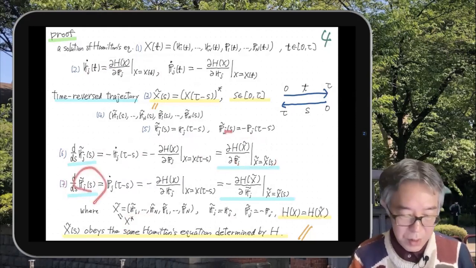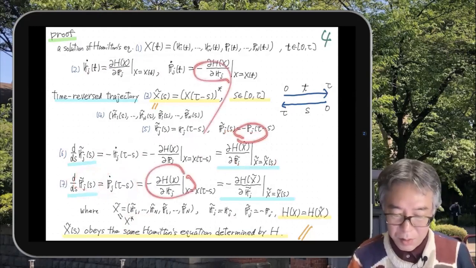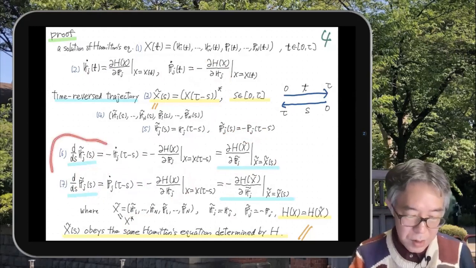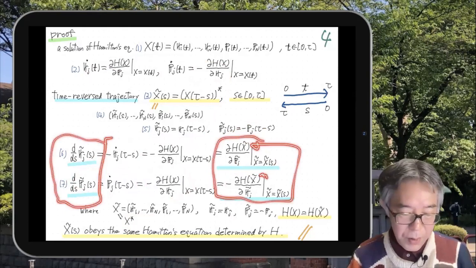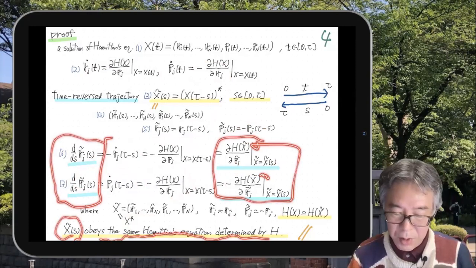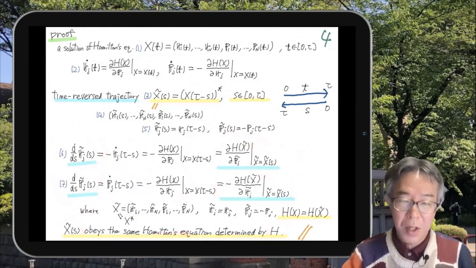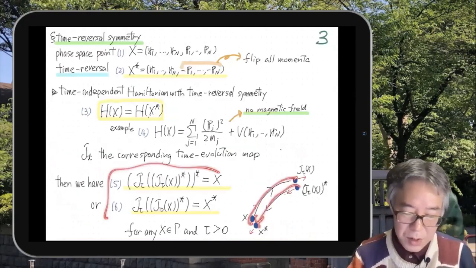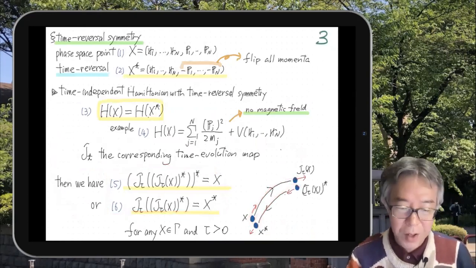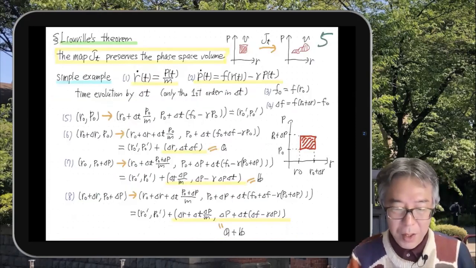You use this relation to get this, and p obeys this, so you write this. Anyway, you look at the left-hand side and the right-hand side and compare. Then you find that this x tilde of s obeys exactly the same Hamilton equation determined by exactly the same Hamiltonian H. And this, if you think a little bit, justifies this picture and justifies this relation. Okay, good. So that was a proof, and let's continue.